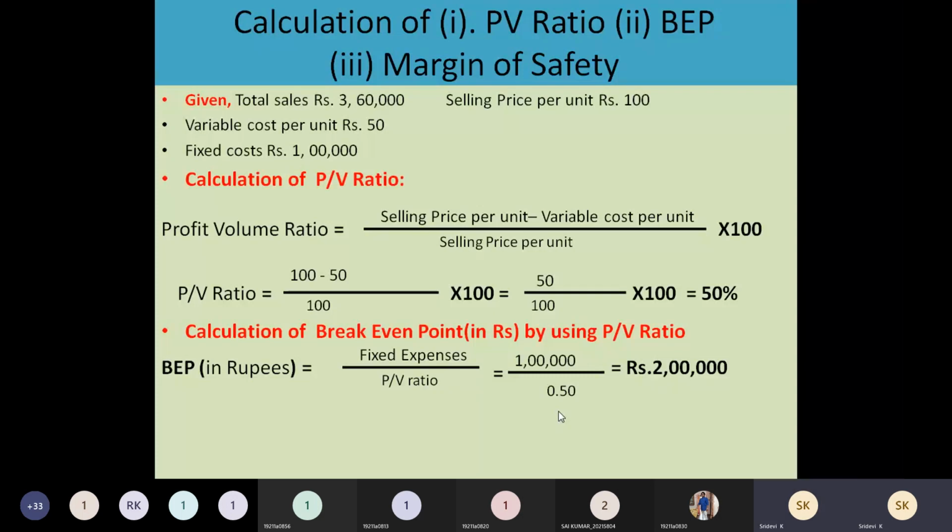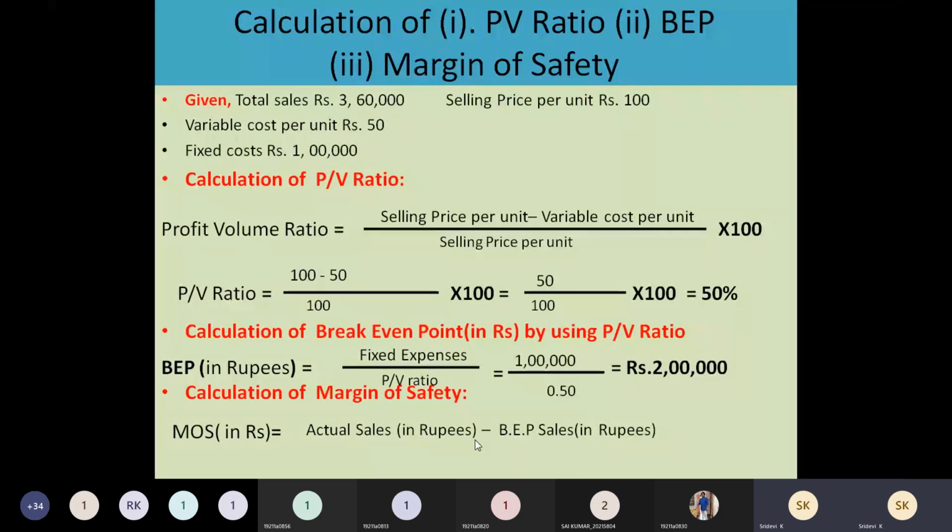So now you can calculate the margin of safety, because the total sales is there and the break-even point is also there. Use that formula. Margin of safety you are going to get here in rupees: actual sales in rupees minus break-even point in rupees. We have both the information, so use that formula.